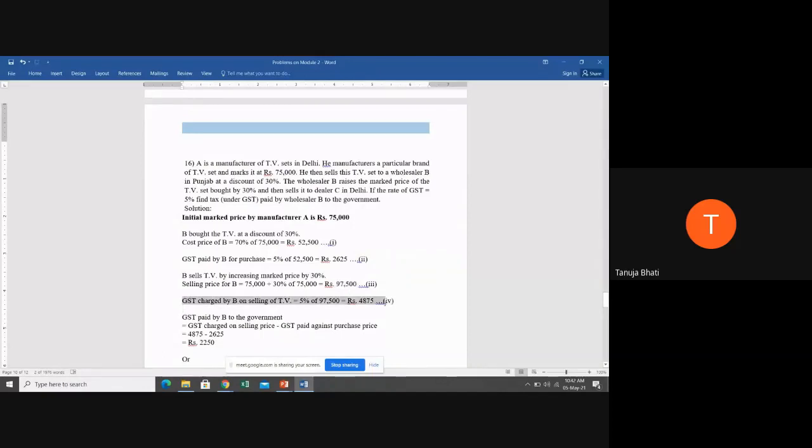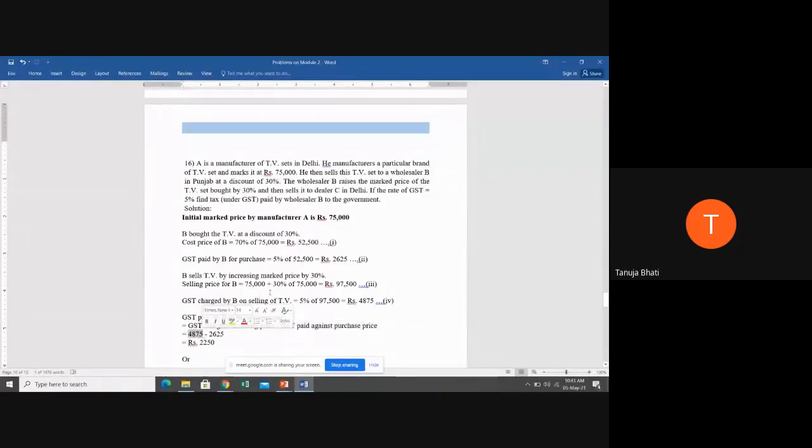So GST charged by B on selling the TV, 5% of 97,500, comes to 4,875. So what is the GST to be paid by B? That is GST charged on selling price minus GST paid against the purchase price. That is nothing but output tax minus input tax.